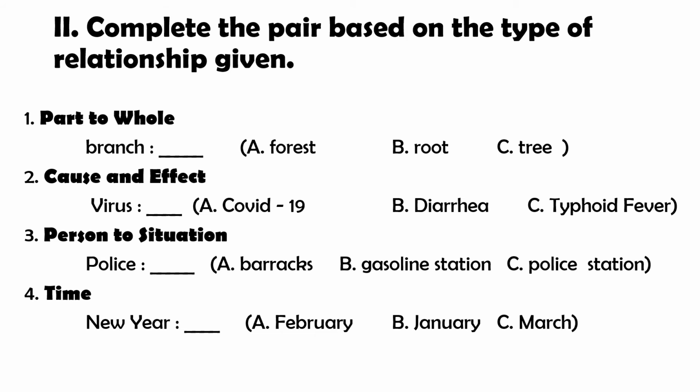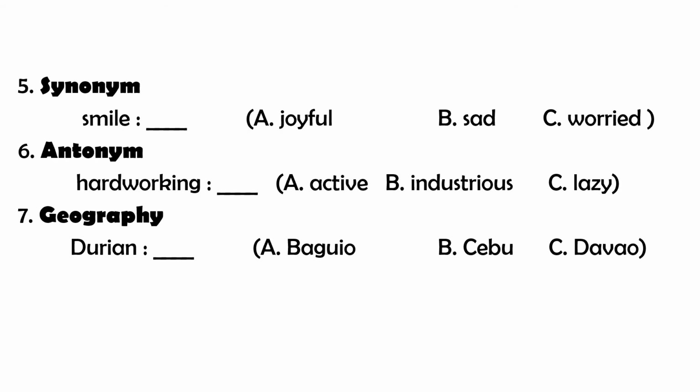Number 4. Time. New Year is to blank. A. February. B. January. C. March. Number 5. Synonym. Smile is to blank. A. Joyful. B. Sad. C. Worried. Number 6.